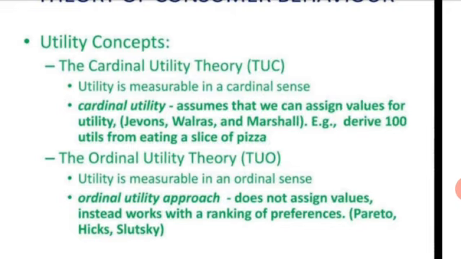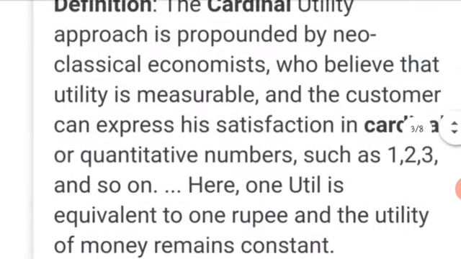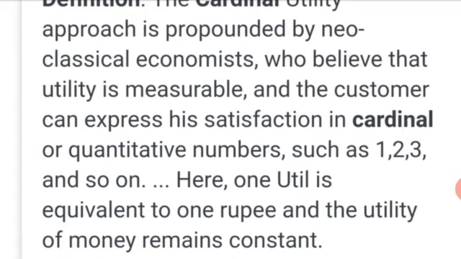According to this concept, utility is measurable in cardinal numbers like 1, 2, 3, 4, etc. And these numbers can be added, subtracted, multiplied. Here, 1 utility is equivalent to 1 rupee and the utility of money remains constant. That means in our example, later on we will discuss.